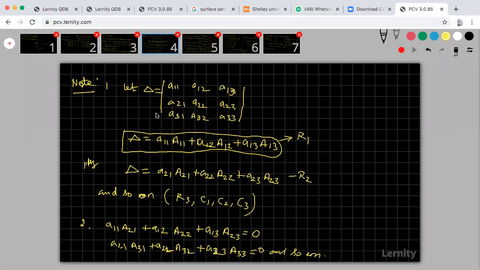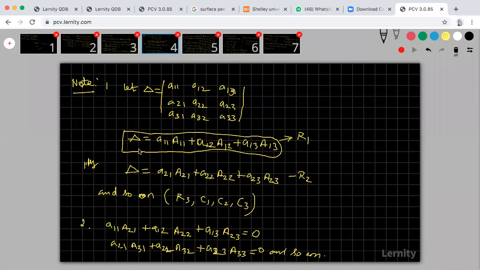I repeat the statement. I am only giving the mathematical notation. The statement is: the sum of the products of elements of any row or any column with their corresponding cofactors gives the determinant value.